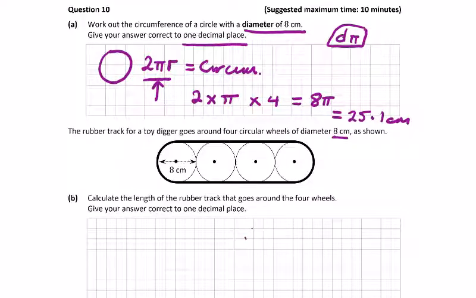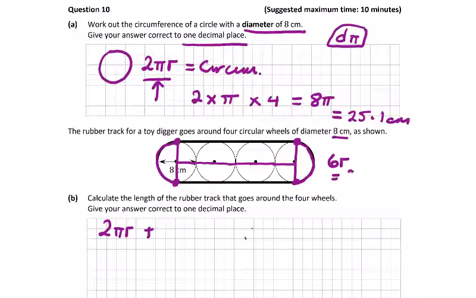If we take this point here and we say that that's half a circle, and the same would happen at this end, we have 2 pi r plus 2 bits in the middle, which how many radiuses have we got in between? We have 1, 2, 3, 4, 5, 6 radiuses, which is equal to 3 diameters, whichever way you want to look at it.